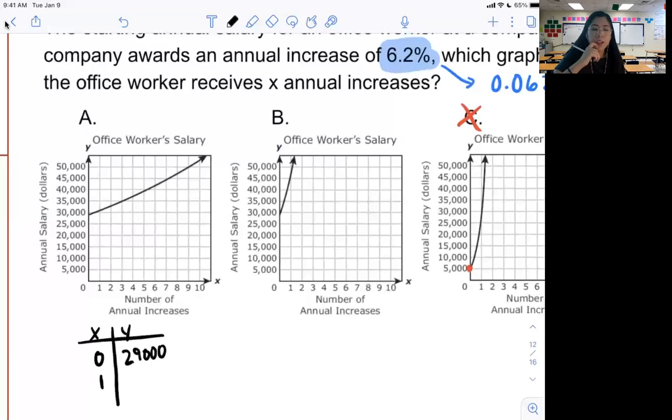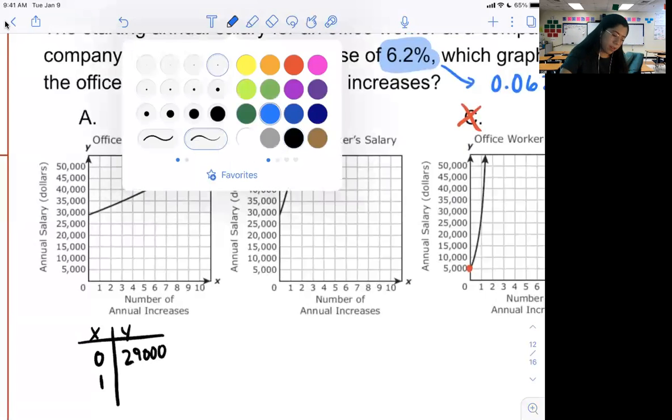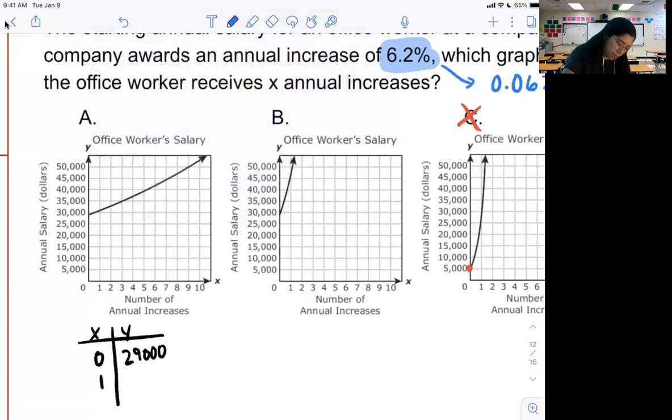It's okay if it's approximate. For A or B? For A. Yeah, it's in the middle of 31,000, so I would say it's about 31,000.